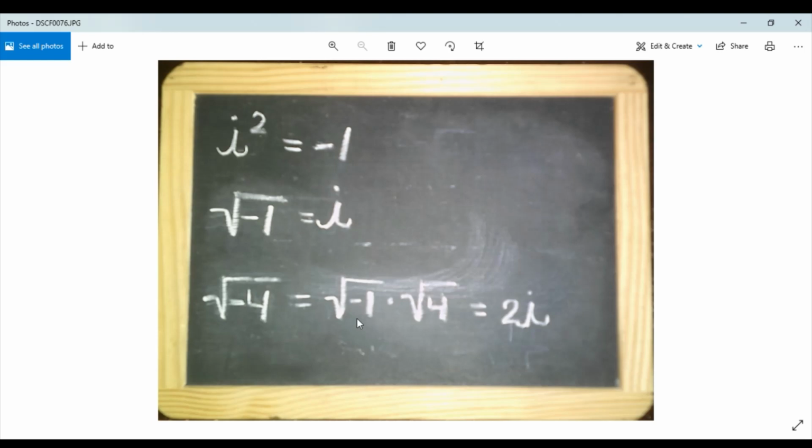So again, the square root of -1 is I, and the square root of 4 is 2. And this is the form that you put it in as your answer. The number comes first, the imaginary part comes second. So the answer to the square root of -4 is 2i.